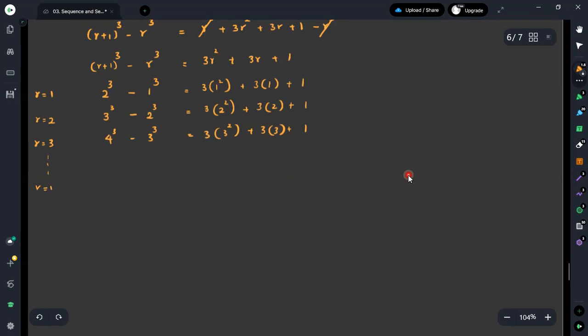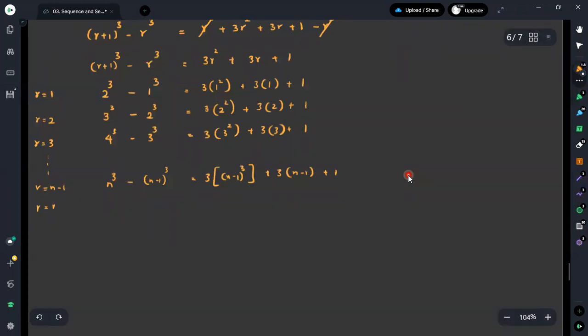Likewise, if you continue the calculation up to r equals n minus 1, we get n minus 1 plus 1 to the power 3, which is n to the power 3, minus n minus 1 to the power 3, equals 3 times n minus 1 squared plus 3 times n minus 1 plus 1.